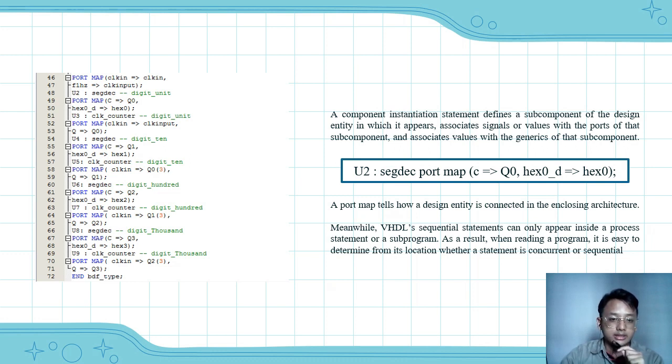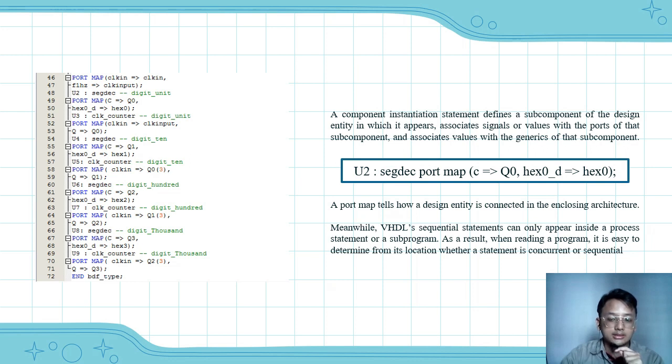If we take one line from the Count0099 code, U2 port map, C is assigned to Q0 and hex0_D is assigned as hex0. So from this, a port map tells how the design entity is connected in the enclosing architecture.